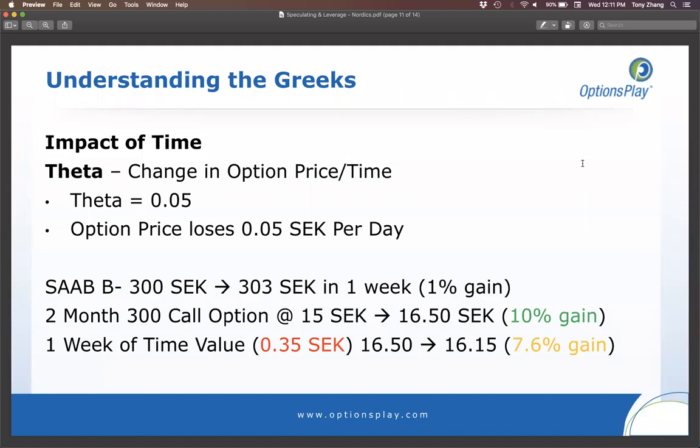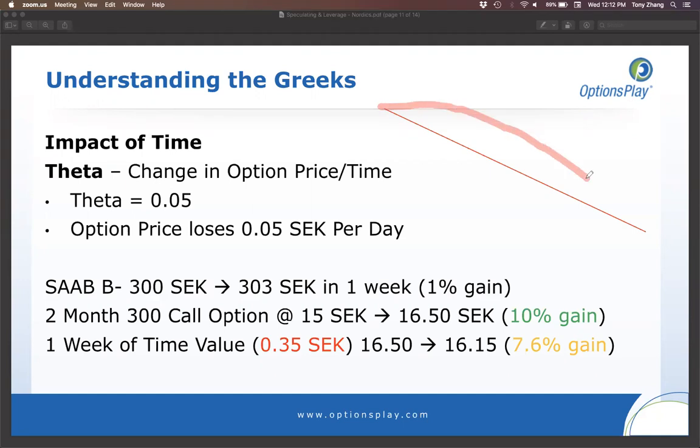The problem is that it doesn't decrease in a straight line, meaning it's not like from 2 months to expiration it decreases by the same amount each time. The decrease is a curve. It happens at first really slowly, and then as it approaches expiration, it gets faster and faster and faster. Near expiration, it erodes much, much quicker.